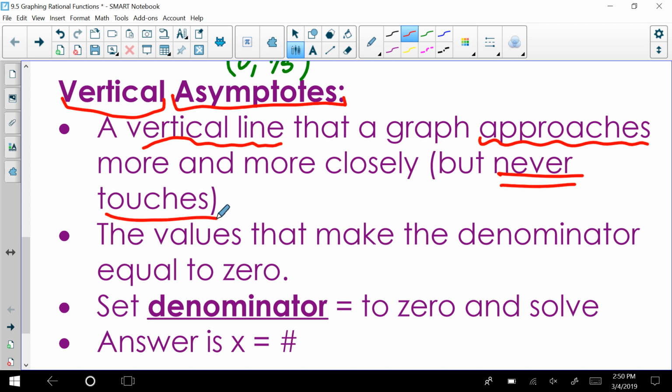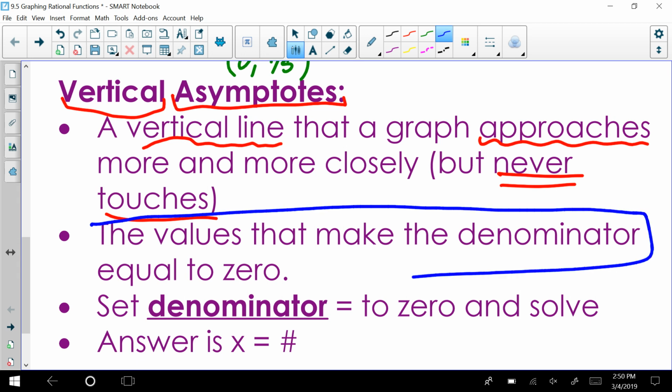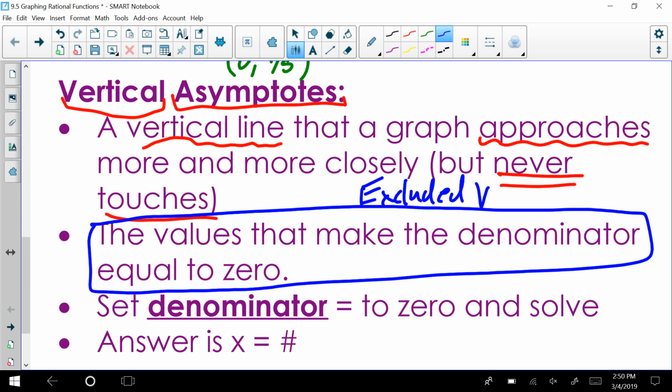How would you get these? These are the values that make the denominator equal to 0. These are values that we know as excluded values. These are values that we cannot have. We cannot be dividing by 0. When we do, we create this vertical asymptote.